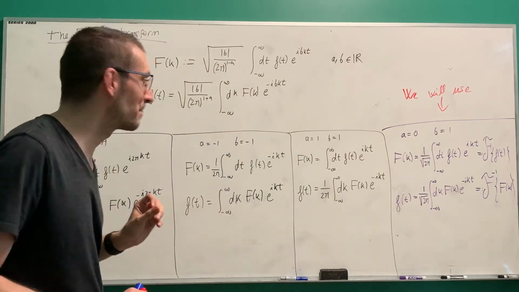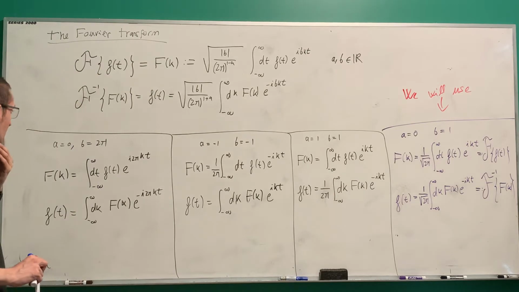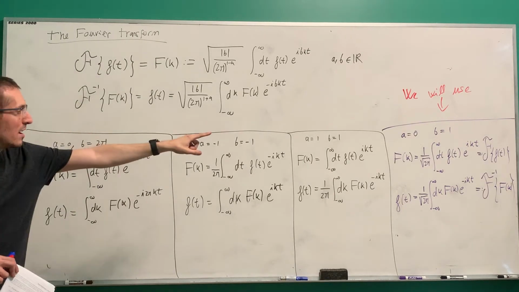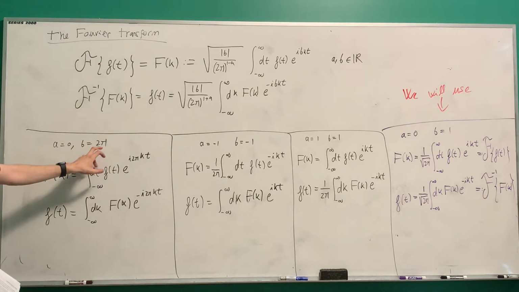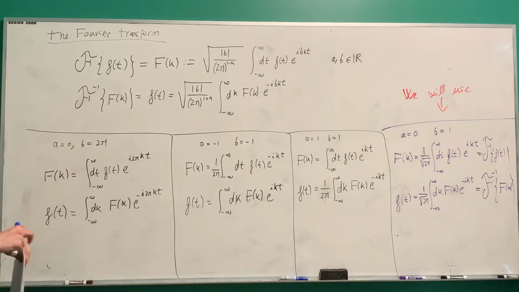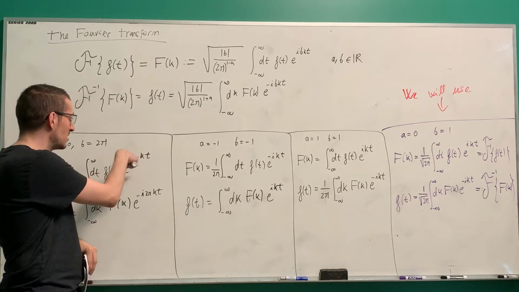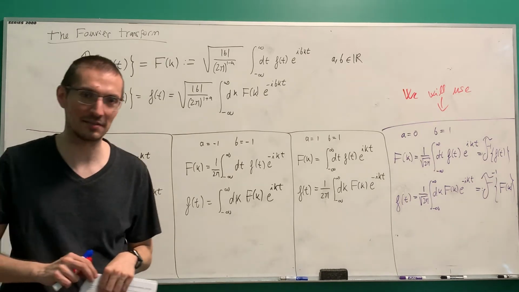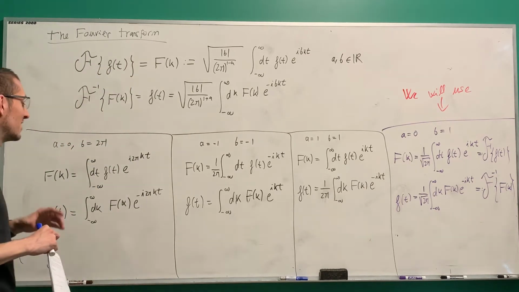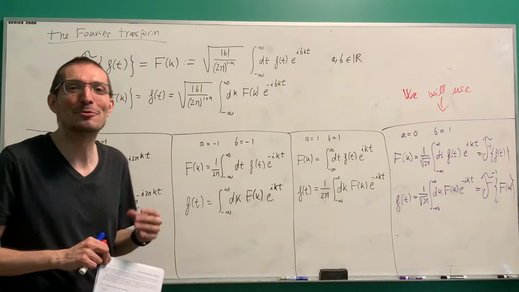Anyway, first, you see that some of them have b equals 1 and others have b equal 2 pi. Well, picking b as 2 pi or 1 is how we interpret k: as a frequency, like this linear frequency, or an angular frequency? Well, that is, again, up to us.